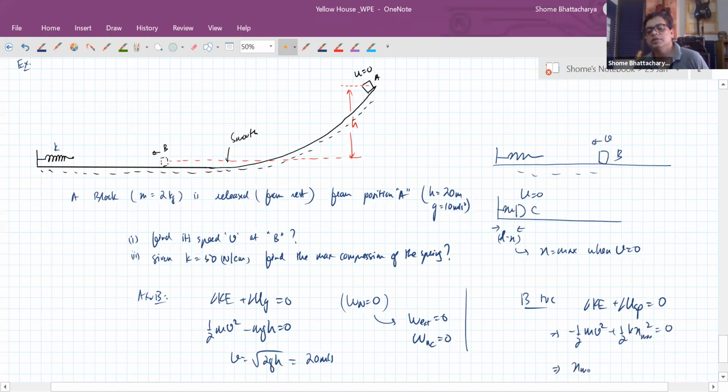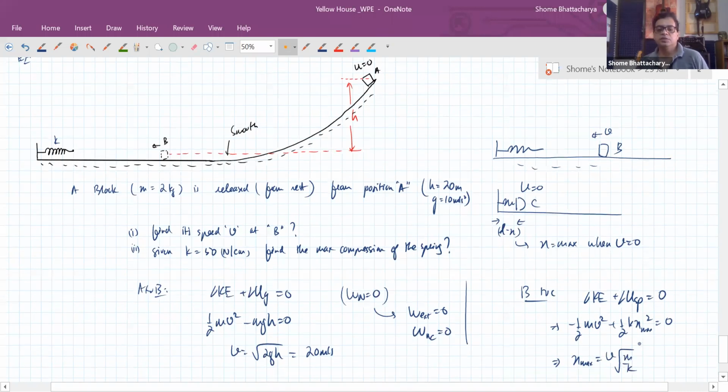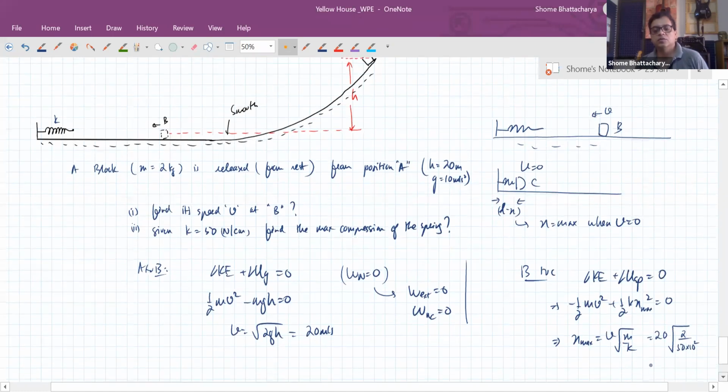So from this you will get x maximum as v into square root of m by k, which you can then substitute as 20 into square root of mass, which was 2, divided by the spring constant, which was 50 into 10 raised power 2. So this will become 20 by 50 or 0.4.